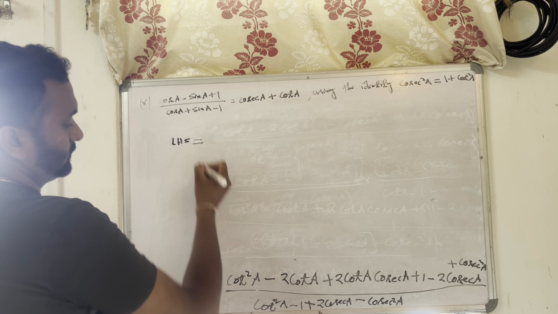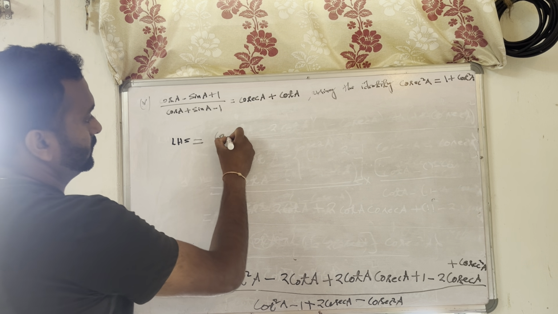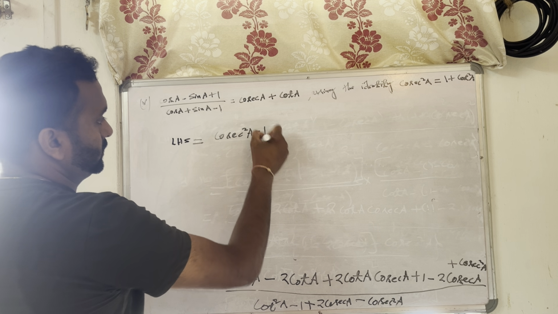Cot square A is nothing but cosec square A minus 1.